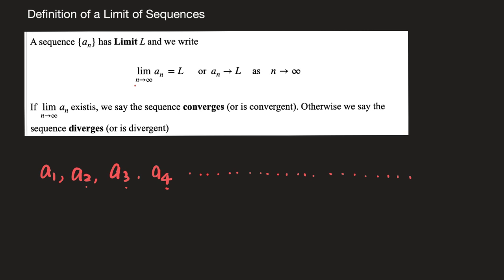What is the behavior of the sequence? If the values of the sequence approach one value, that's what we call the limit L. So the limit as n approaches infinity of An equals L. An approaches a certain number L as n goes to infinity.